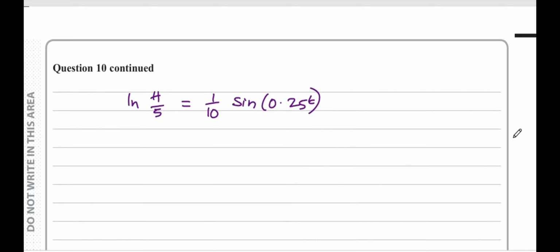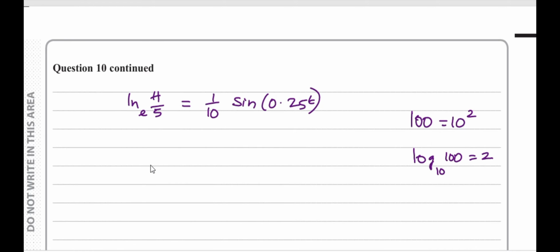So what is the next step? You know that ln has got a base e here. Remember, 100 is equal to 10 squared, which can be written as log 100 to the base 10 is equal to 2. So we can use the same principle here. There is an e hiding here.